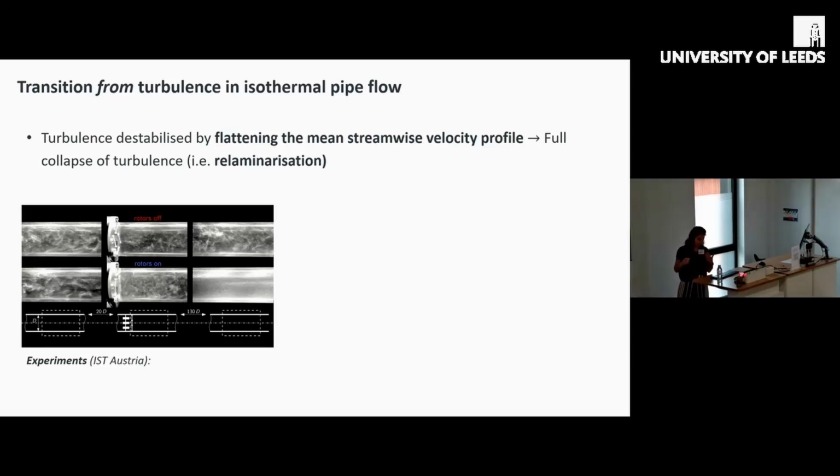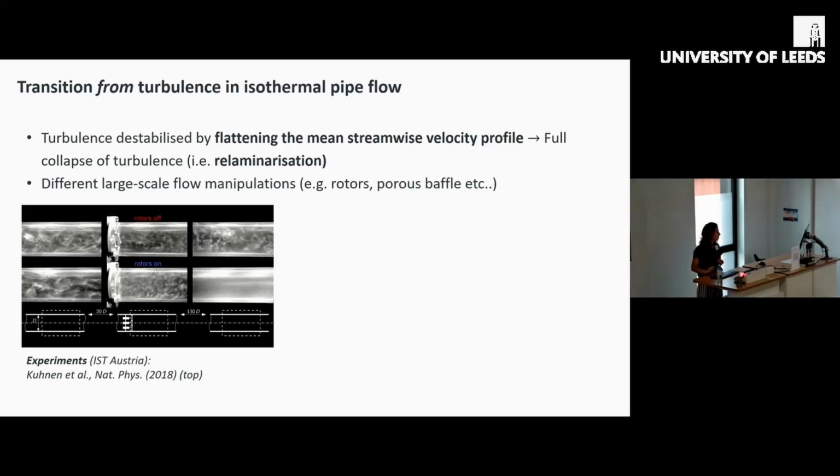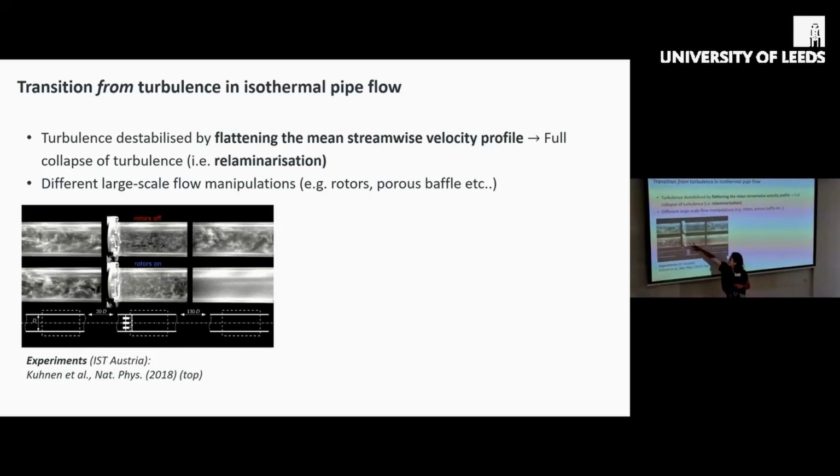And they did this through various large-scale manipulations of the flow. For example, in this case here, they were just putting these rotors in the pipe that vigorously stir the flow. So initially, turbulence is increased, but then farther downstream it decays.